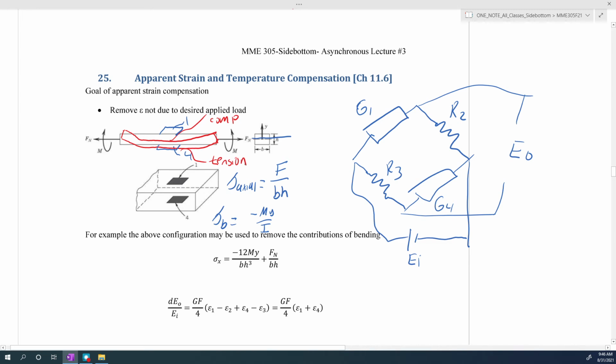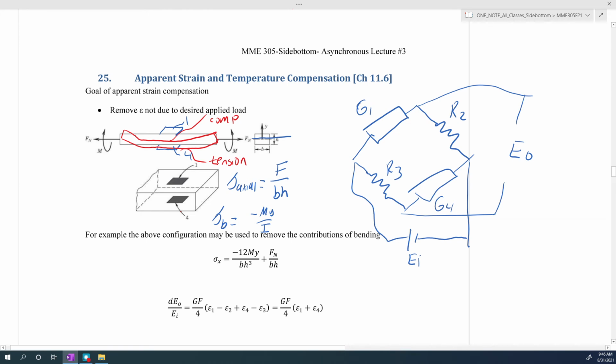So with that in mind, we know that the strain in the top of the beam is going to be equal and opposite to the strain in the bottom of the beam due to that bending moment.